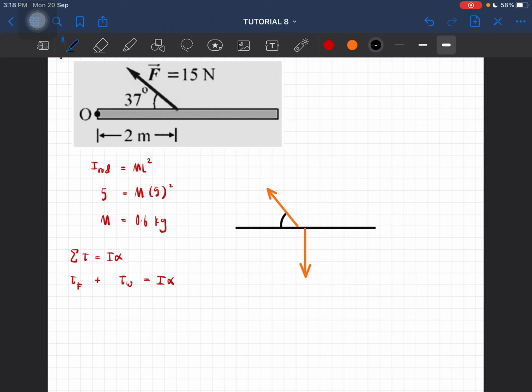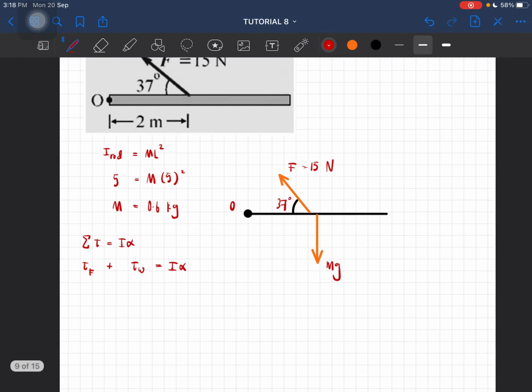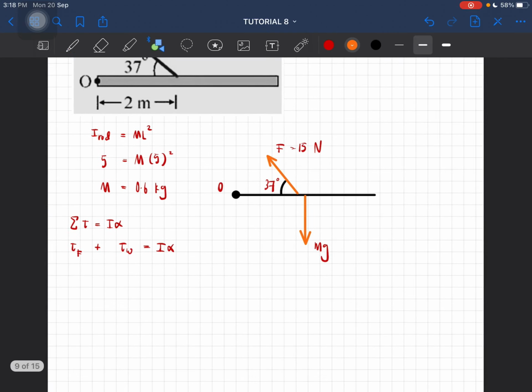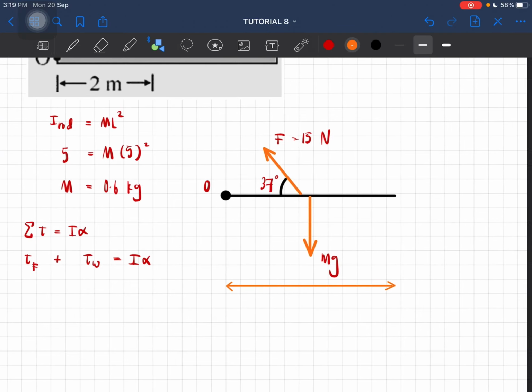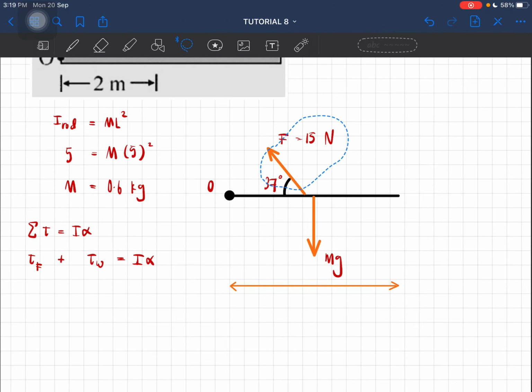So this is our point O. This is 37 degrees. This is force 15 Newton. And then this is the weight of the beam. Then let us draw the distances and label them, a little bit far from the center of gravity.